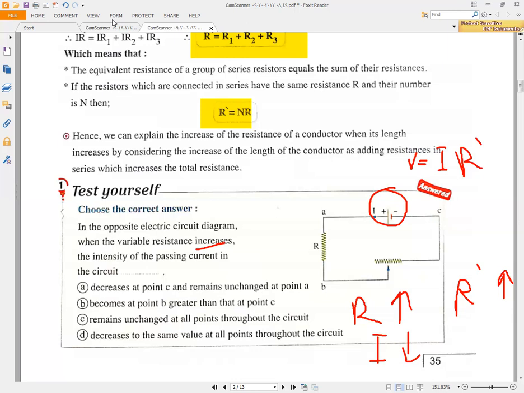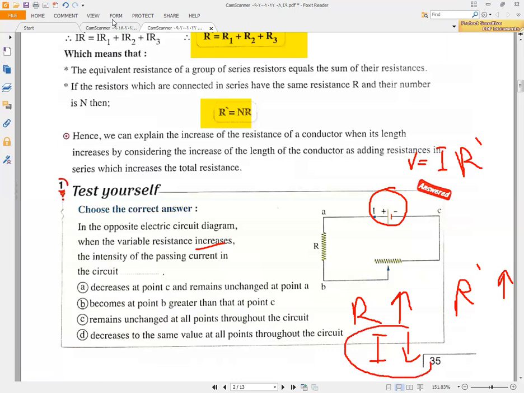Let's see the choices: it decreases at point C and remains at point A, or becomes at point B greater than point C, or remains unchanged at all points over the circuit, or decreases to the same value at all the points on the circuit. This is the total current.